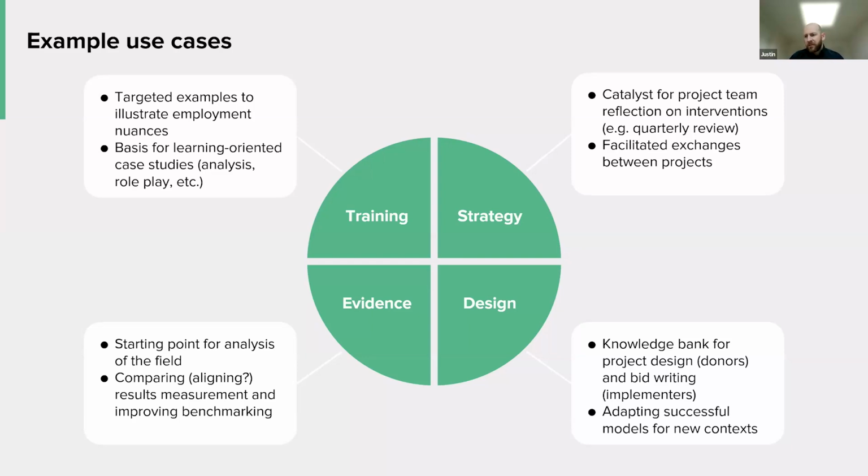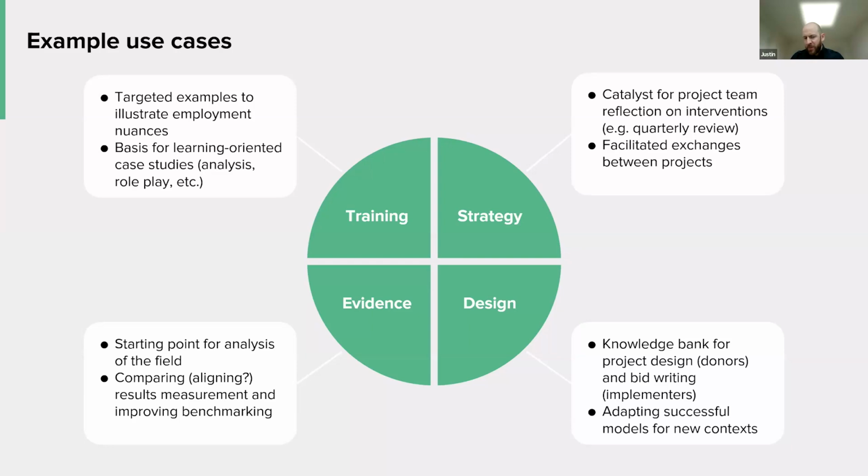The other angle here is around results measurement and benchmarking. We've touched on it a few times, there are lots of different approaches to measuring results, making it pretty hard to compare like for like in some situations. We're not claiming to offer a solution to that, but by making some of the results and the indicators more transparent, projects can see what others are tracking and are aware that this is an issue that needs more attention.